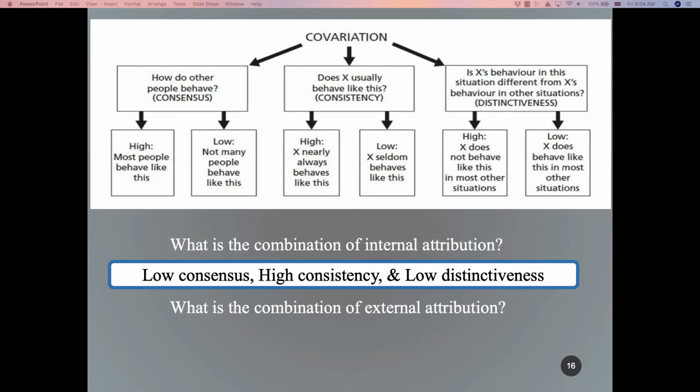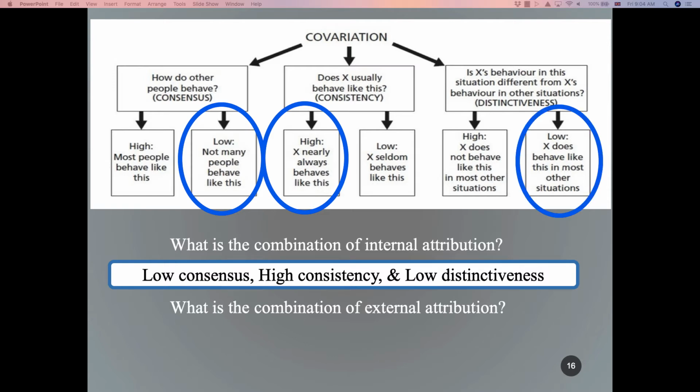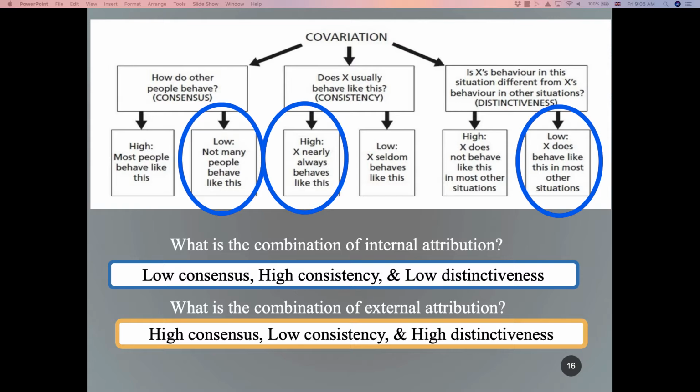So if we have low consensus, so not many people behave like this, high consistency, you nearly always behave like this, and low distinctiveness, you behave like this most of the time, then you will have an internal attribution. For an external attribution, you have a high consensus. Most people behave like this.